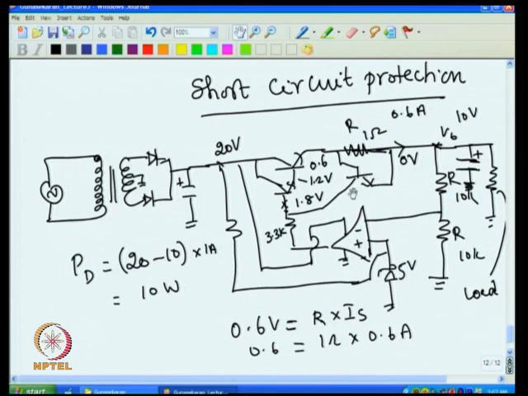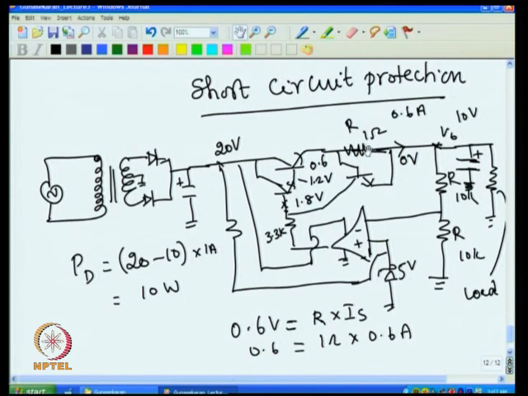Everywhere it is used extensively, and it is a must for any voltage regulator. Otherwise, invariably this transistor goes bad under short circuit condition. One can select different values of resistance to get different amounts of short circuit current.